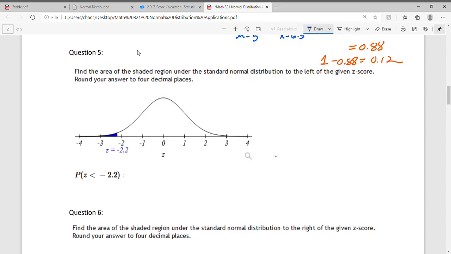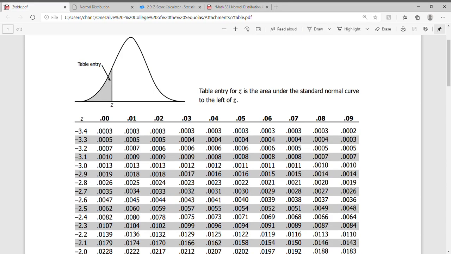Question number 5. Find the area of the shaded region under the standard normal distribution to the left of the given z-score. So I want to find the area to the left of z being equal to negative 2.2. And for that, we'll use our z-table. So let's go to our z-table. Here's my z-table.